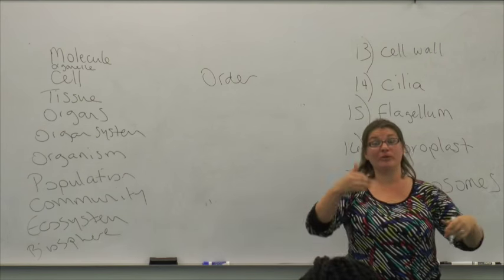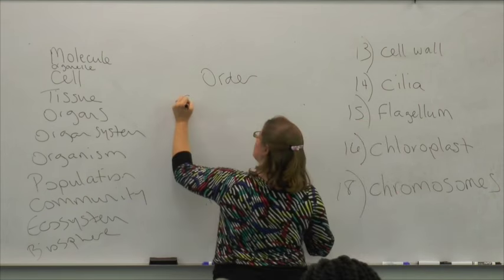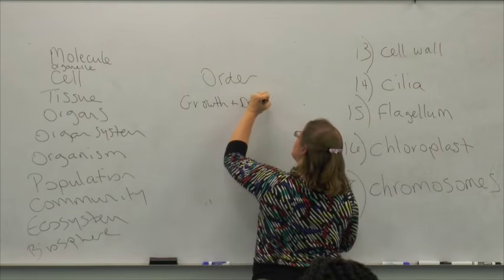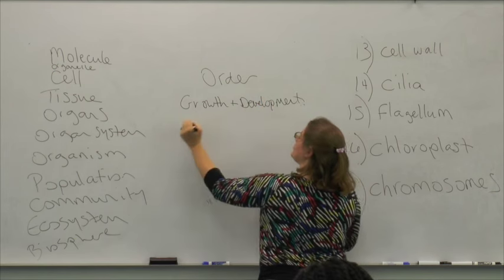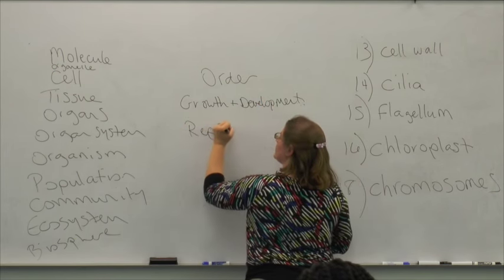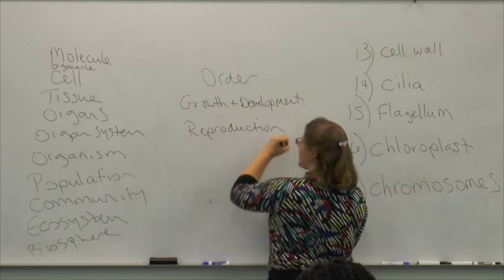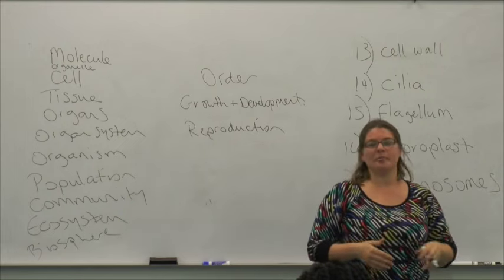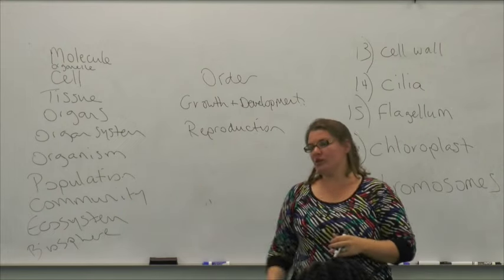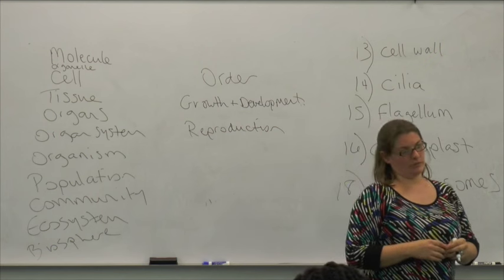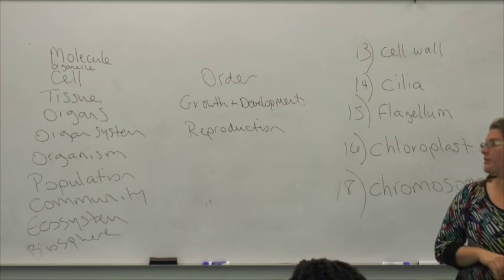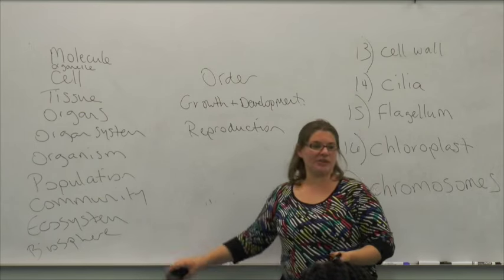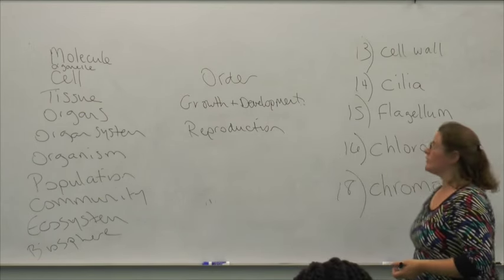Okay, growth and development, reproduction. Okay, we can keep on going, right? Response to the environment, energy processing, evolutionary adaptation. Okay, there were several things that we talked about here. But if you saw a question like that, you just have to list 3.